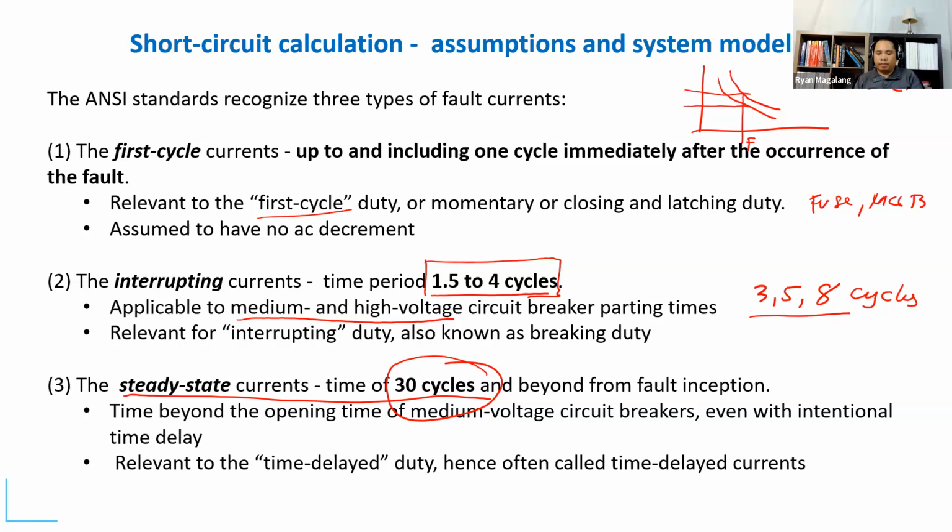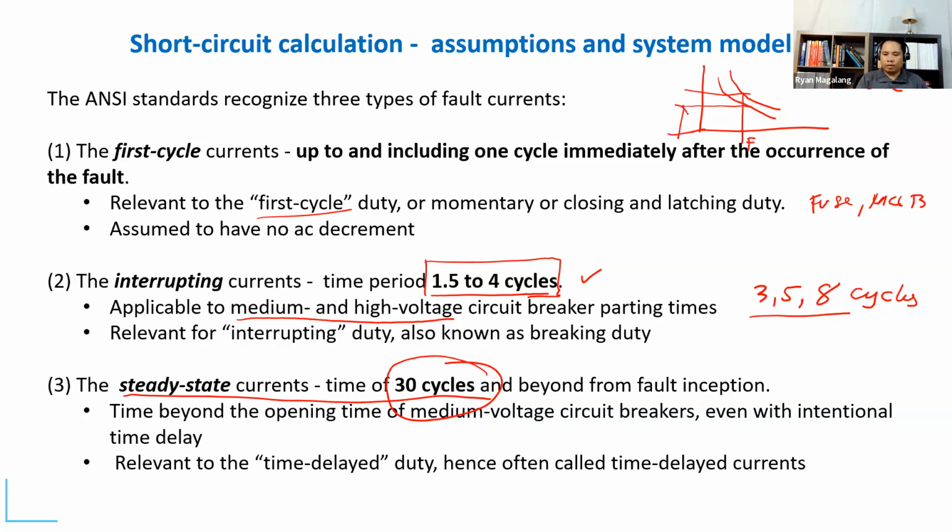That's already a long time. So what is a 30 cycle? 30 cycle is half second, 0.5. So that's in that region already. That's past your 0.4. Not to mention that you have some inherent delay here.